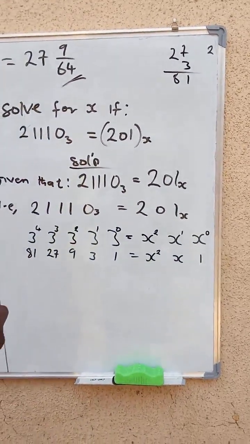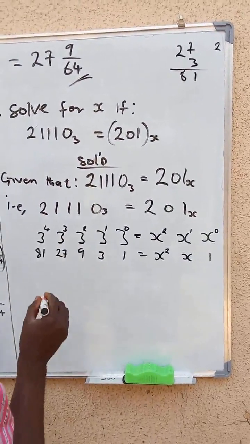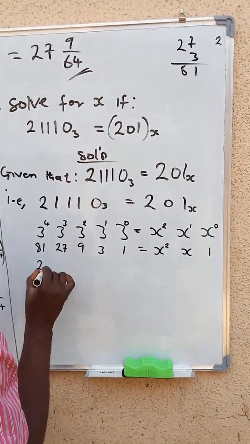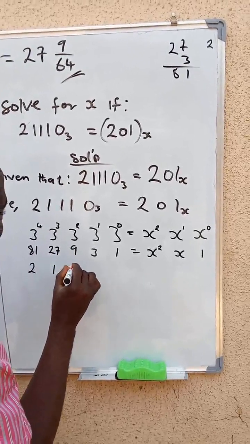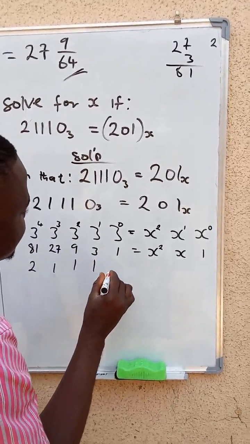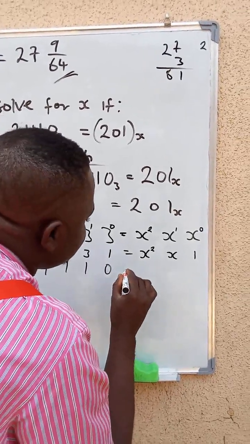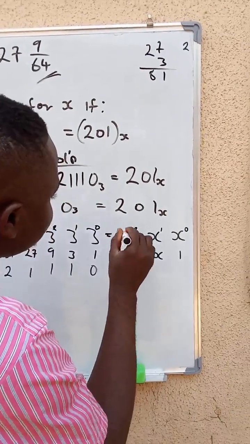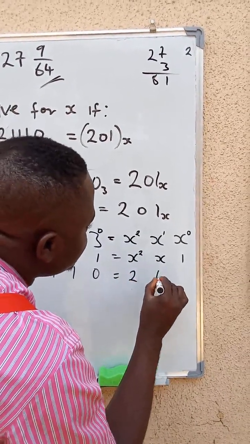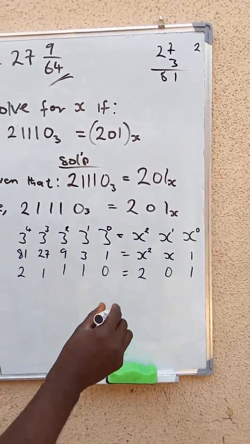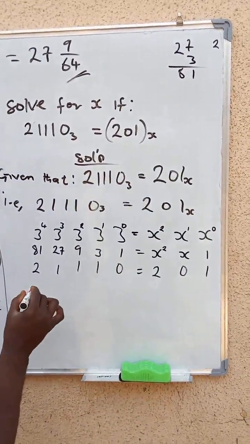Now I'll bring in the numbers. I have 2, 1, 1, 1, 0, the same thing as 2, 0, 1. So you draw your line.